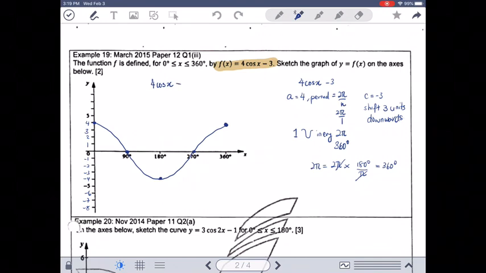And next we need to shift 3 units down, meaning that 4 becomes 1, 2, 3. From 0 becomes -3. From -4 becomes -7. From 0 becomes -3. And from 4 becomes 1.